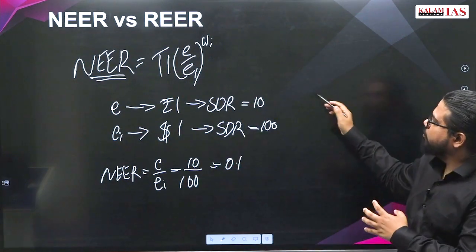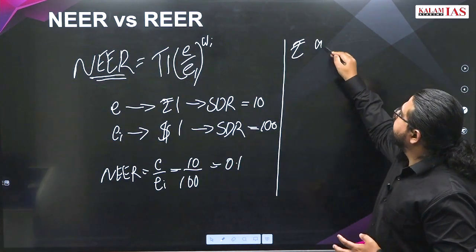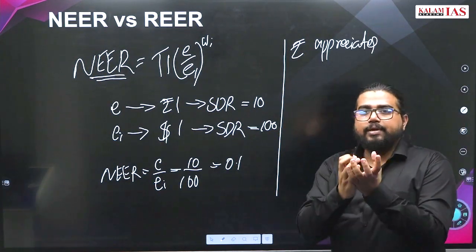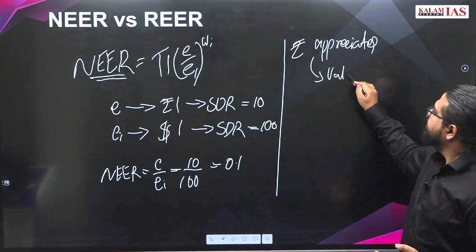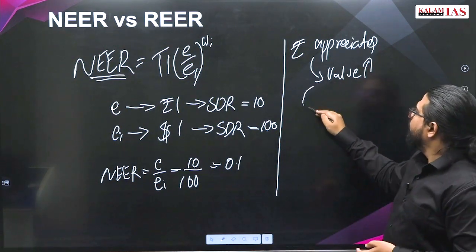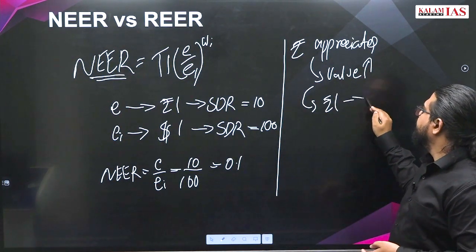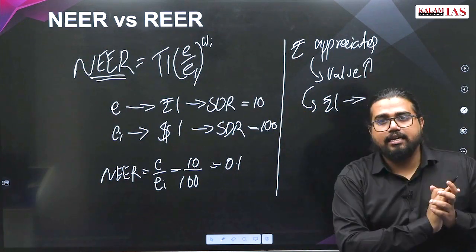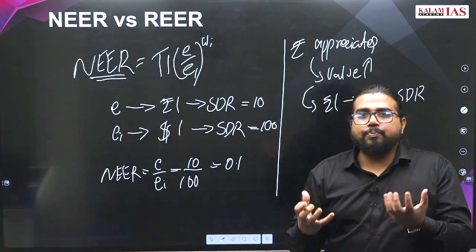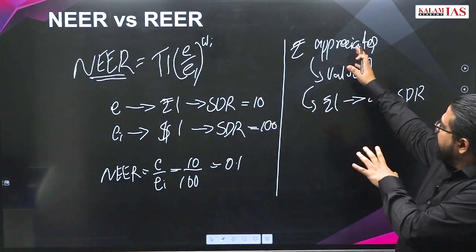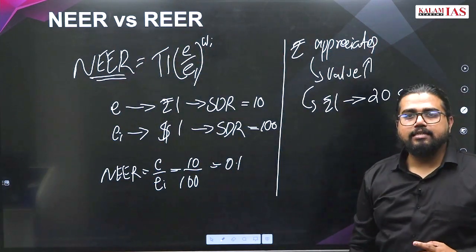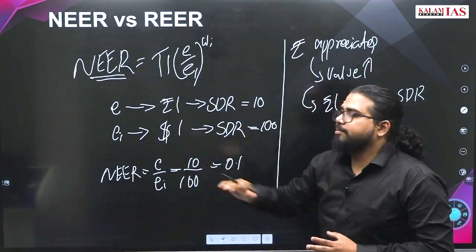Now let's move ahead. What happens when the rupee appreciates? Rupee appreciates means what? The value of the rupee increases. Value of the rupee increases means you will get more SDR with 1 rupee. Earlier you were getting 10 SDRs, now you will get 20 SDRs. Why? Because the value of the rupee appreciated. Now what we are trying to find is the effect on NEER when the rupee appreciates, considering the ideal situation that the dollar remains constant.